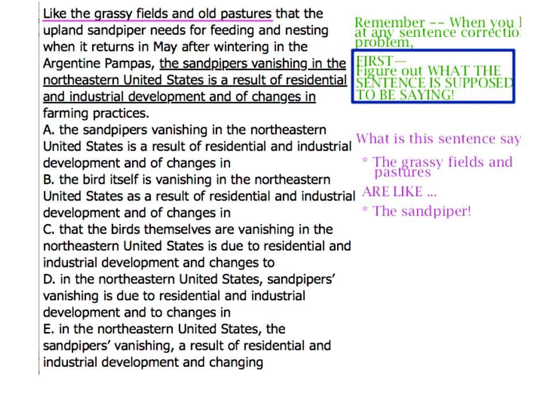That's kind of a weird comparison, but that's why you have to focus 100% on the meaning when you first read the sentence. These things are alike in the sense that both of them are vanishing. The sentence is telling you that the grassy fields and pastures are going away, and so is the bird.